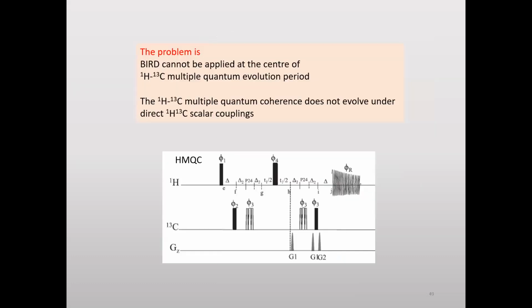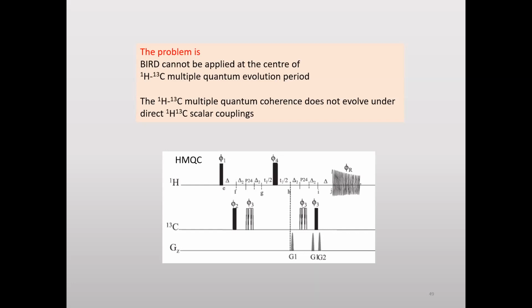The problem with HMQC is that the proton-carbon multiple quantum coherence evolves under the proton-proton coupling interactions, and therefore the indirect dimension shows the proton-proton multiplet information. One could think that one can apply a Bayard block in the middle of the T1 dimension of the HMQC pulse sequence, but it does not work, because Bayard has this fundamental requirement of proton-carbon interaction.